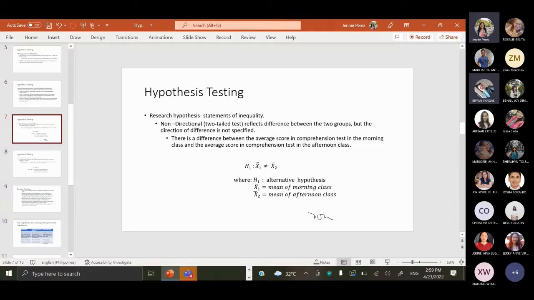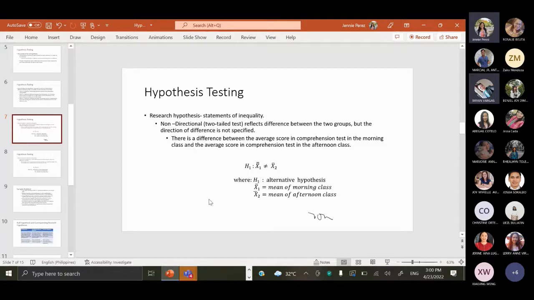And if the difference is simply stated, okay, it simply states significant difference, and there is no specification as to whether it is higher or lower, then we say that that research hypothesis is a two-tailed hypothesis or non-directional hypothesis.